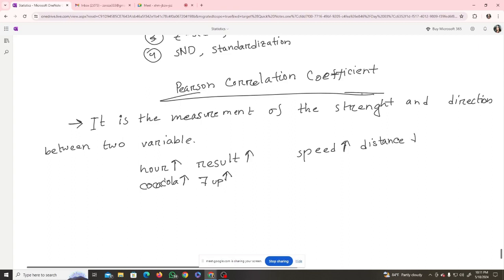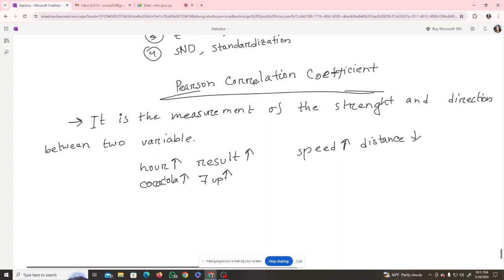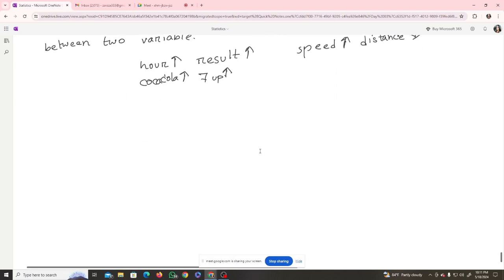distance gets smaller. So in Pearson correlation coefficient, we have three types of relation. One is positive linear relation.